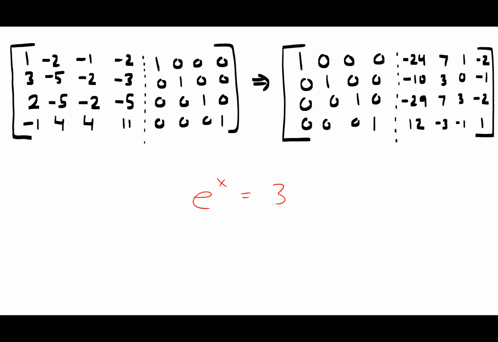You guys remember? We put an ln. So this became this, and what happened was that these two would cancel off because they're inverses of each other. X became ln 3.